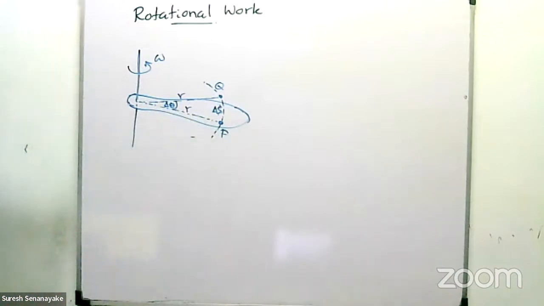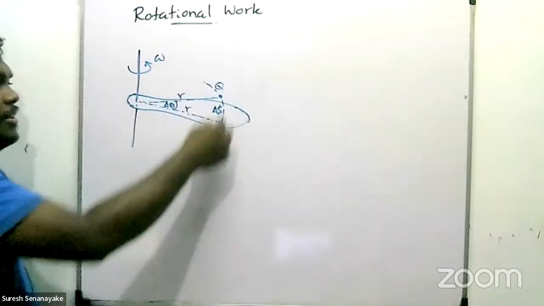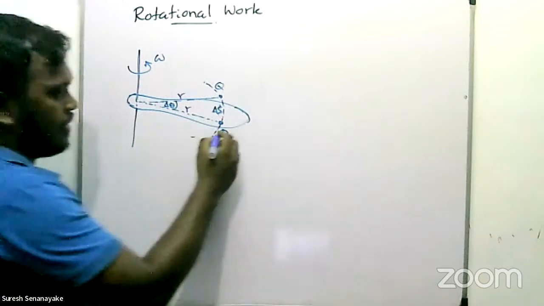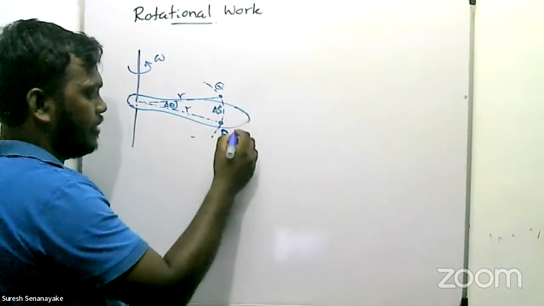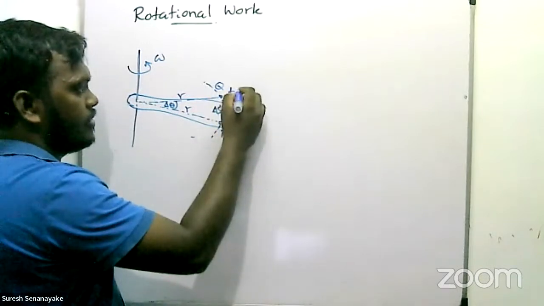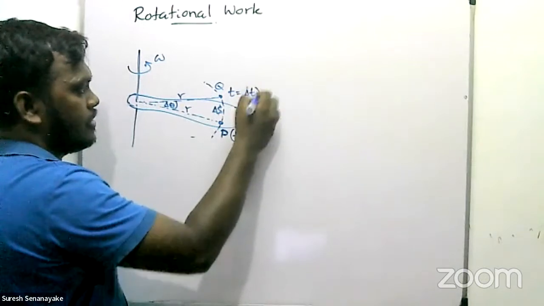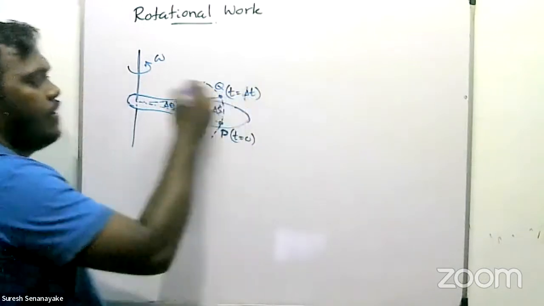When I rotate, this point P moves to the point Q. At time t equals 0 it is here, and after time delta t it comes to this point.